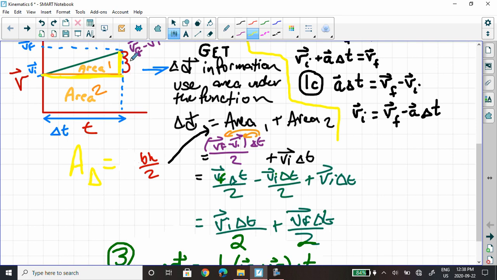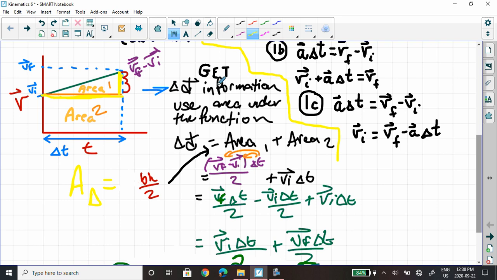Well, how do we get the height? That's pretty easy. I know here is VF, and I know here is VI. So if I want to know the difference here, I just subtract. I know from 0 to here is VF, from 0 to here is VI, so if I subtract those two, I get what's left over. So my height is VF minus VI, my base is delta t, and then I have to divide it by 2, because that's the equation for a triangle.